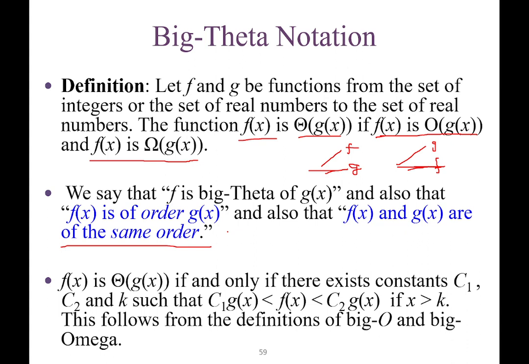You can see both functions are of the same order because the leading term is x squared. We can prove that f of x is big O of g of x, and you can also prove g of x is big O of f of x. So we call that the same order. Once two functions are of the same order, we use the big theta notation to indicate this situation.